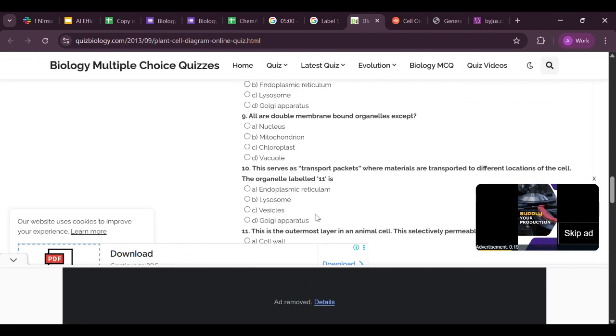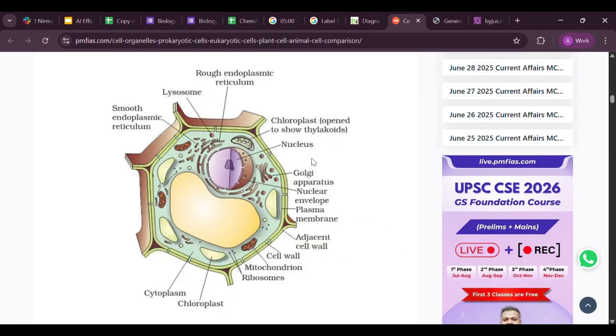So it is making it a little bit challenging. Should I try it for adjacent cell wall?